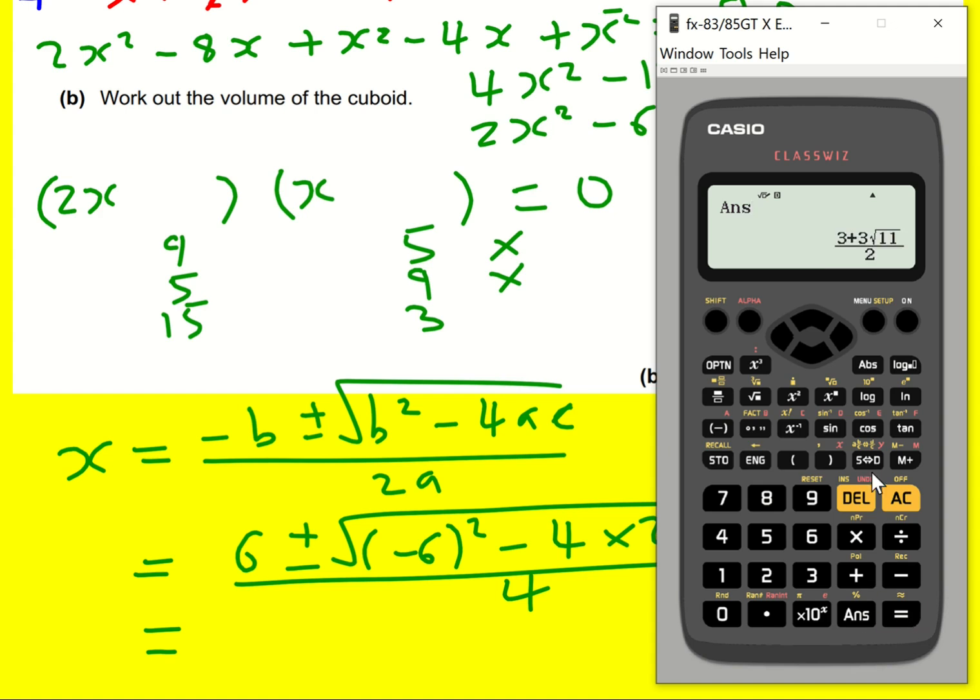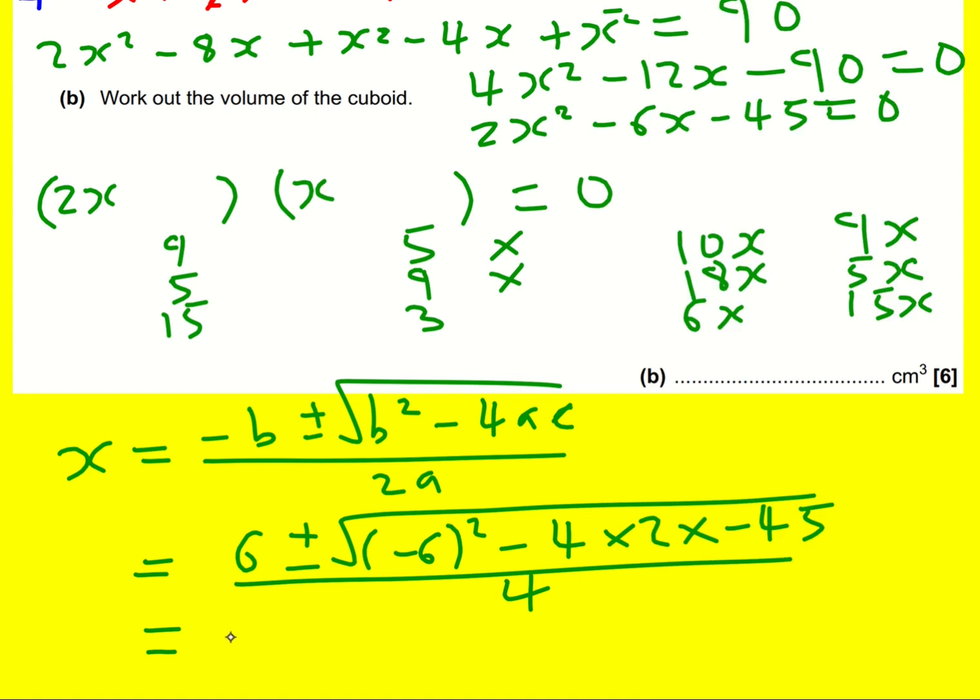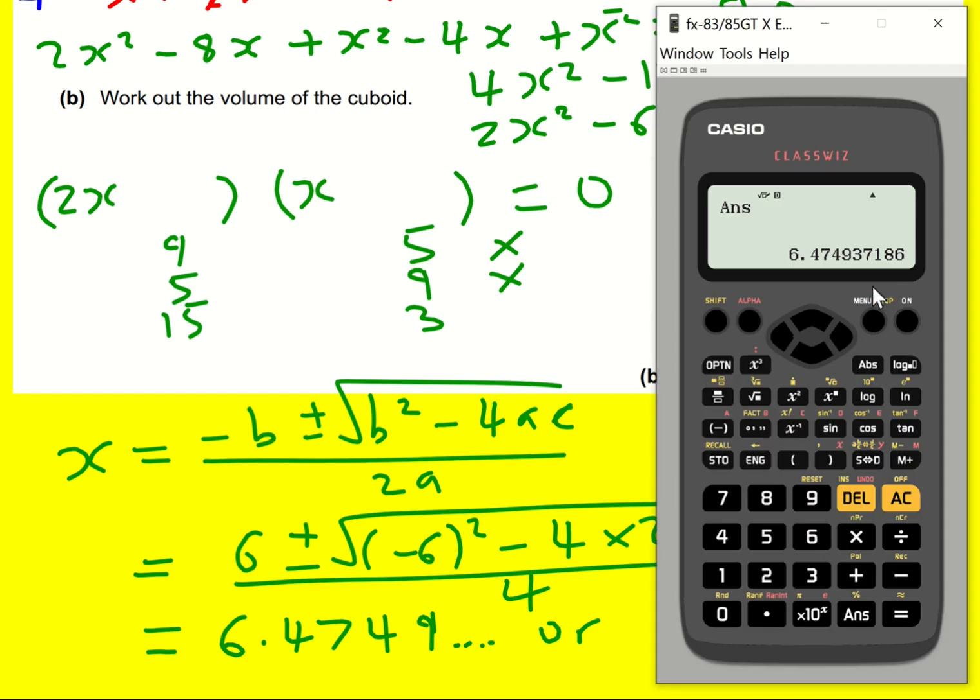I want to write it as a decimal, so 6.4749, just write it to about 5. For the second solution, I just realized I've lost my working, so I'm going to have to write it again, I apologize for this.